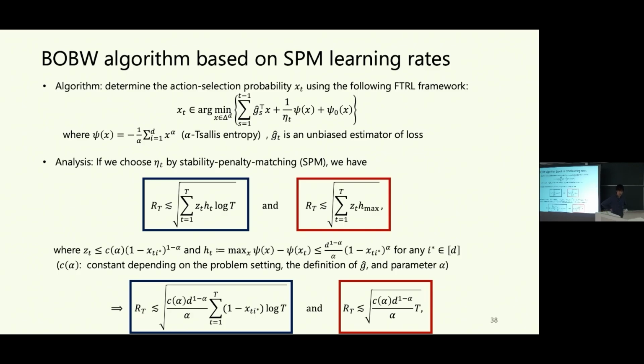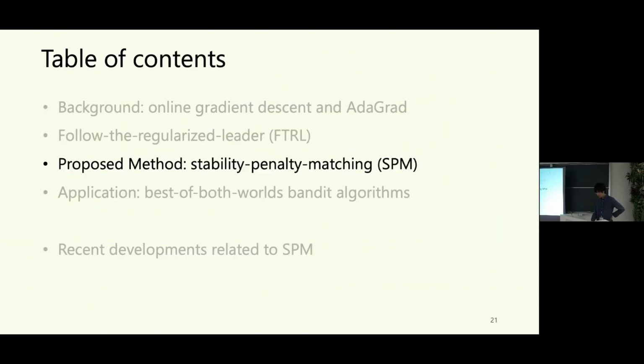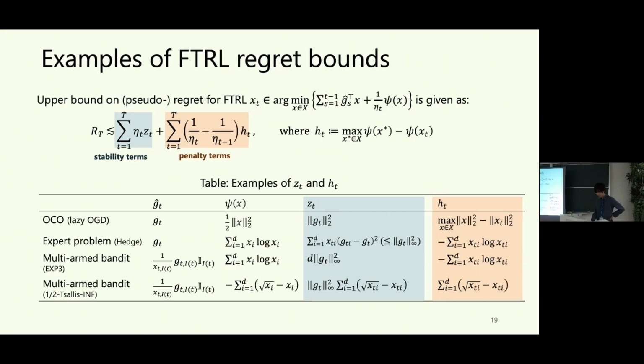The reason why we care about the case x close to 0 comes from the definition of the gradient estimator. For example, in the case of multi-armed bandit, the gradient estimator is written as this.